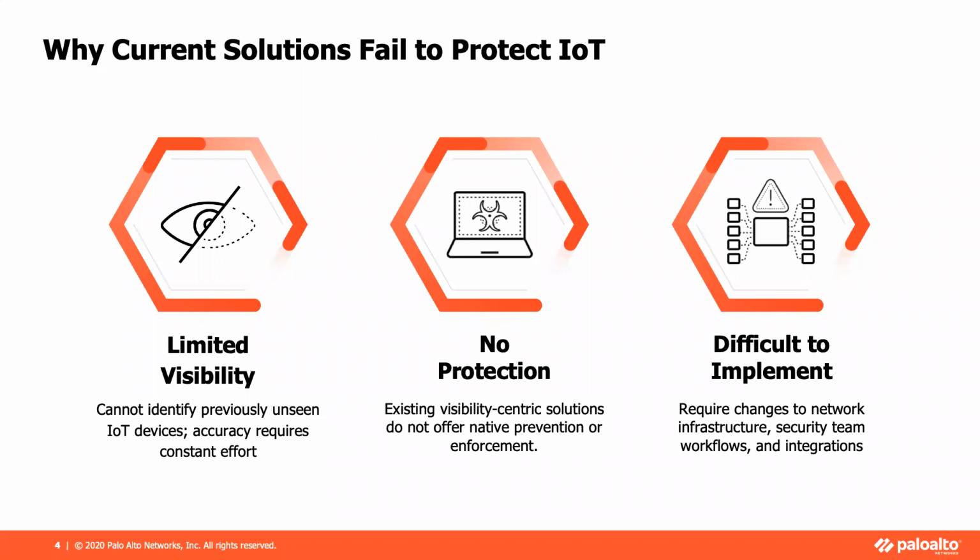There's no real built-in protection in most security products for protection of IoT devices, unless it might be signature based. But if you don't find all the IoT devices and you don't see the traffic, how do you protect them? So there's a lot of things that you got to think about that are hurdles in the traditional or current solutions to protect IoT.